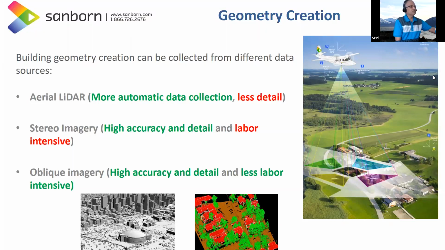As far as stereo imagery is concerned, it is highly accurate and detailed, but it is very labor intensive, which means it is going to take more time and more cost. Whereas oblique imagery provides high accuracy as well as detail, but it is less labor intensive. We will talk in a later section about some of the building models that have been created using the oblique imagery.